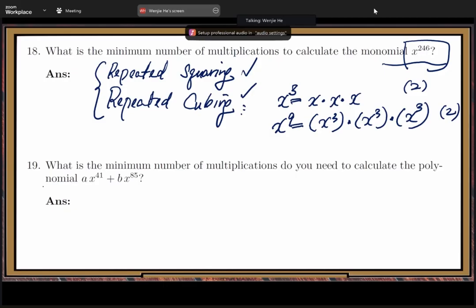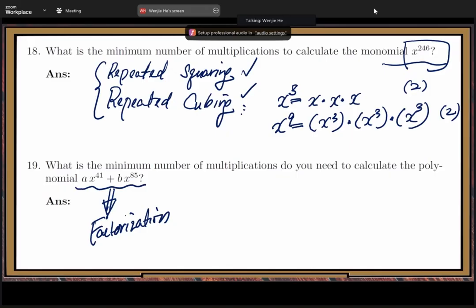Number 19. Because you have two terms, different from number 18, there is a special technique we may need to use, factorization. These two terms have a common factor, and it's very easy to see.